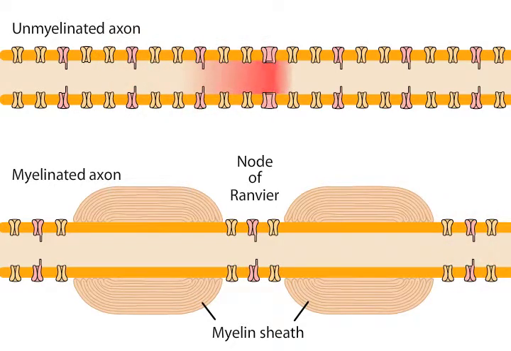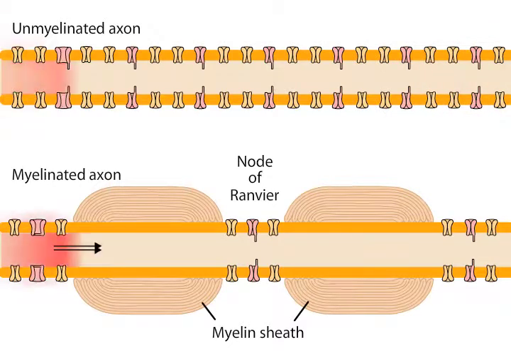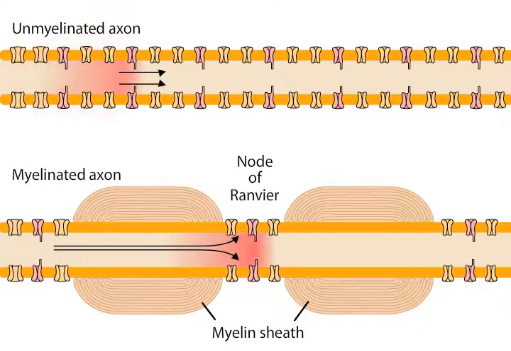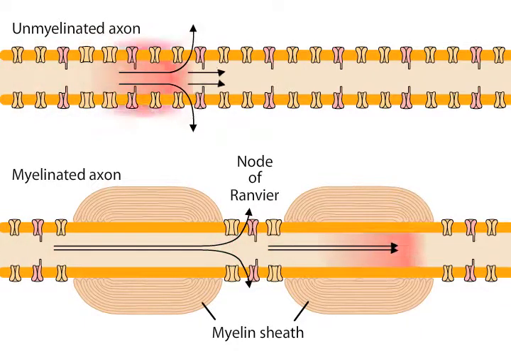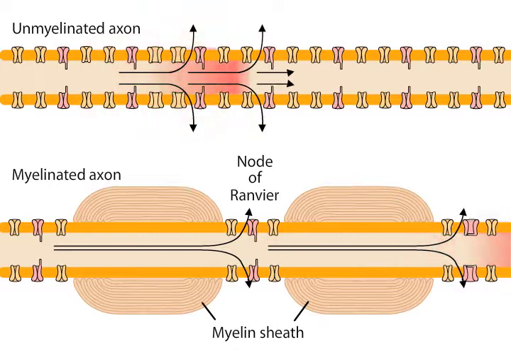This local current flow then generates an action potential in the neighboring segment, and the cycle is repeated along the length of the axon. Because current flows across the neuronal membrane only at the nodes, this type of propagation is called saltatory, meaning that the action potential jumps from node to node.